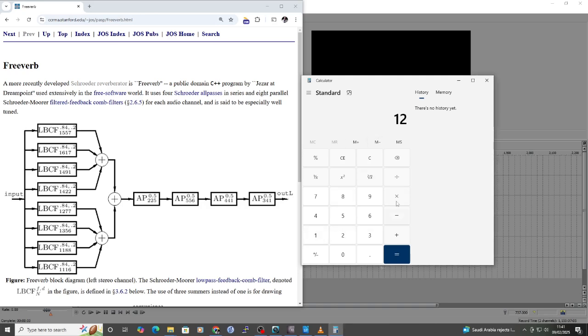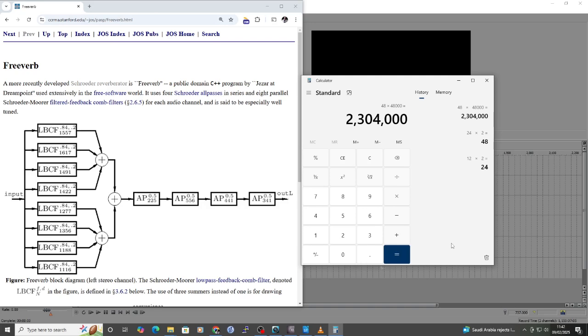So we've got 12 times 2 for the channels, and then we've got a read and a write per filter, so times 2 again is 48, and then we're actually doing this 48,000 times a second, so times 48,000 is 2.3 million read-write operations per second is what I need in order to be able to implement the Freeverb algorithm.